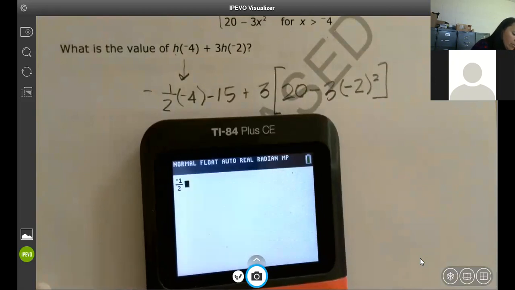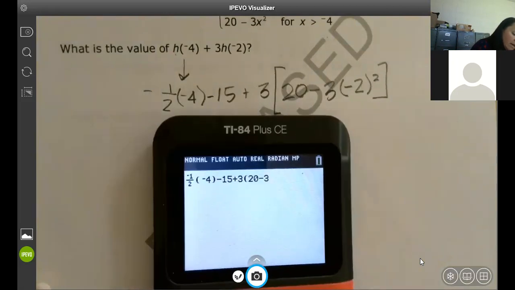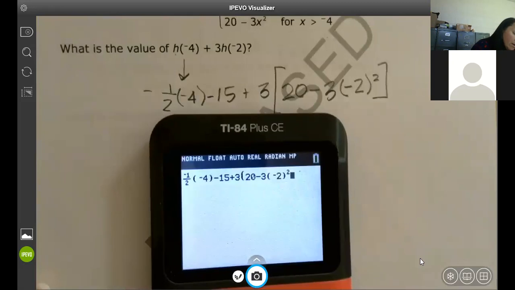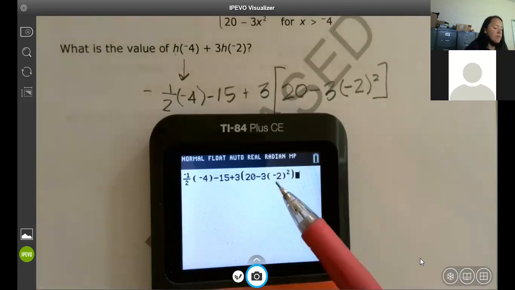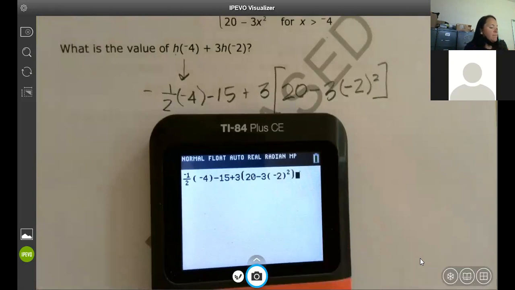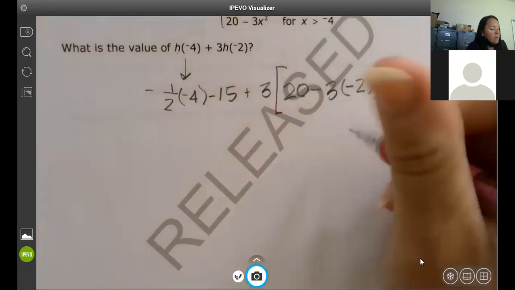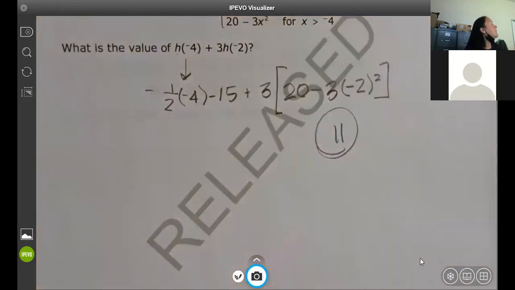Delete that. Parenthesis, negative 4 minus 15 plus 3, parenthesis, 20 minus 3 times negative 2 squared. Does everybody see how that's exactly the same way? This is the part that'll mess you up. You have to put that negative 2 in parentheses. When I hit enter, what do I get? 11.